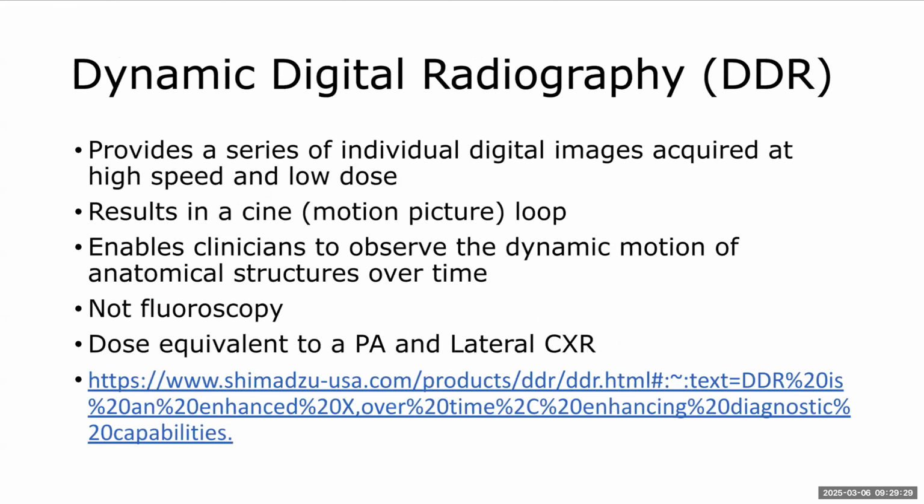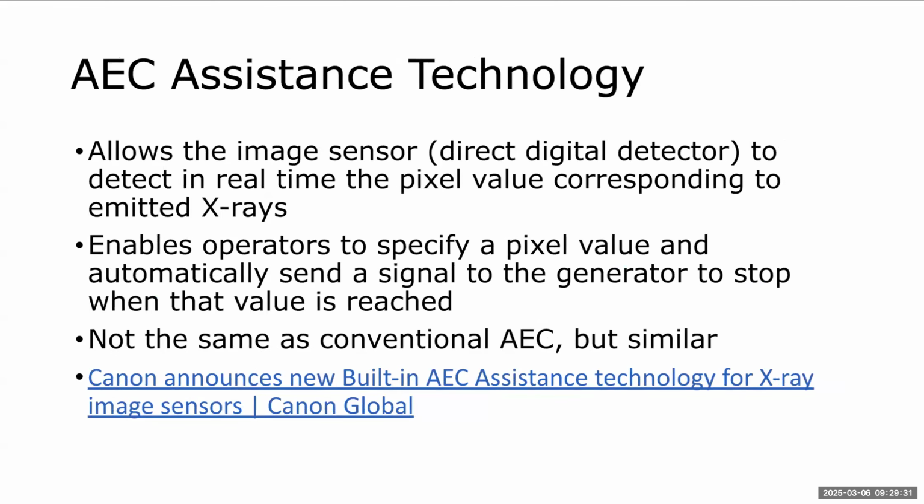Now, these next two things are just a couple of newer technologies. I'm not giving you a lot of information on them because there's not a whole lot of information out there about how they work. A lot of this technology is very proprietary, so they keep a lot of the way these things work sort of under wraps.